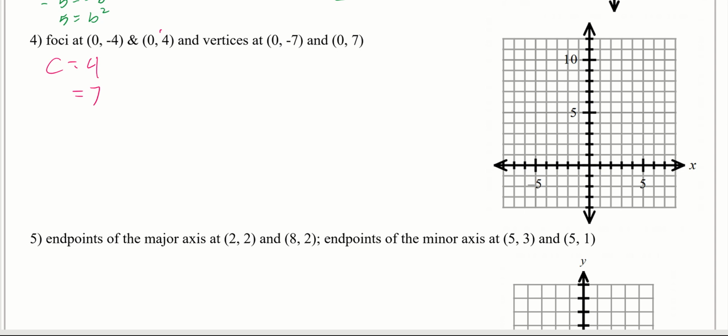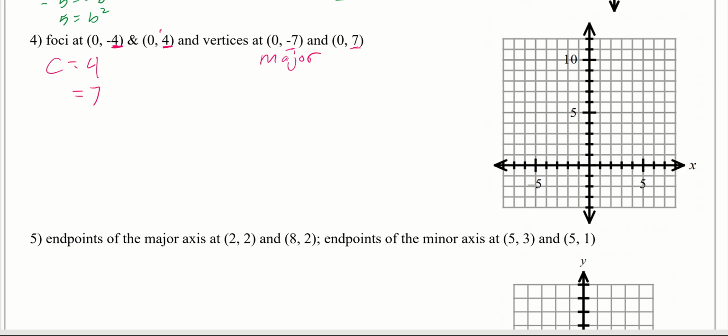If you notice, because your foci are in the y values, that tells you it's going in the y direction. And these are also in the y direction. So this would be your major axis here. You can plug in whatever value, but the big important thing is the fact that that is your major axis.